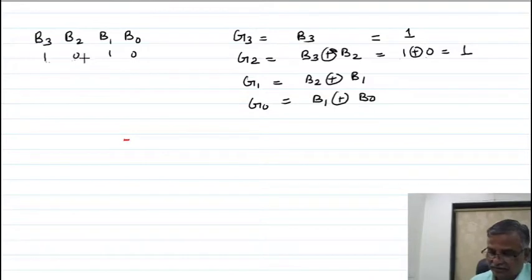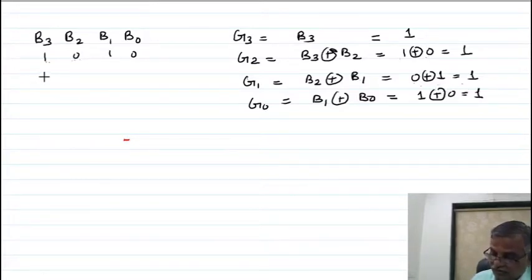Then B2, B1: 0 exclusive OR 1, both inputs are at different levels, so the output is 1. Then 1 exclusive OR 0 gives 1. So the answer G3, G2, G1, G0 is 1, 1, 1, 1.